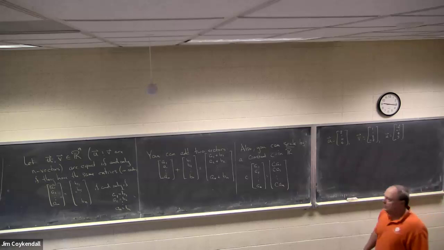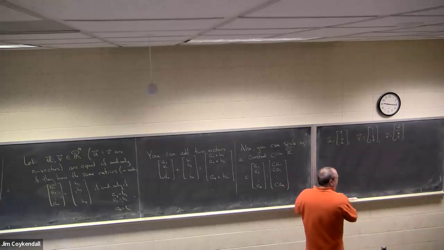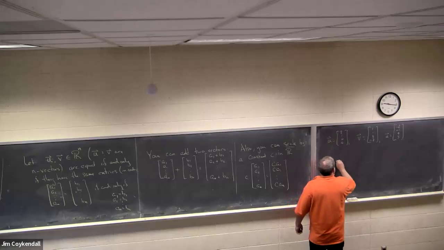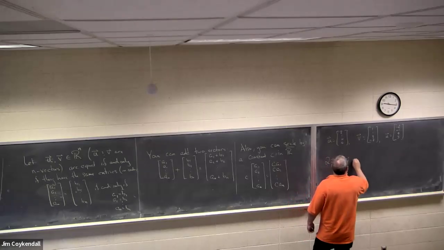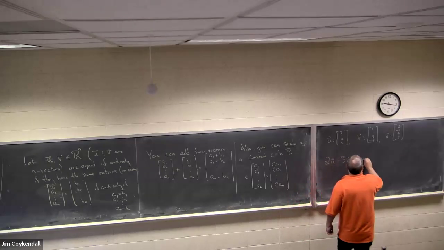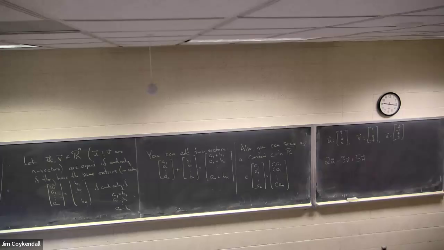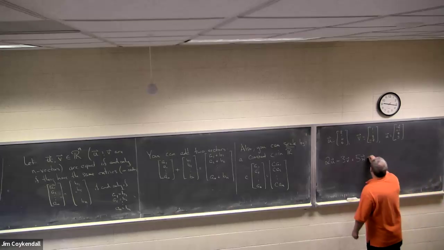Now, suppose I wanted to put these together in some fancy way. So let's do 2U minus 3V plus 5W. So I'm doing it kind of all together. I'm scaling them and I'm adding them up. Right? Let's do this piece by piece.